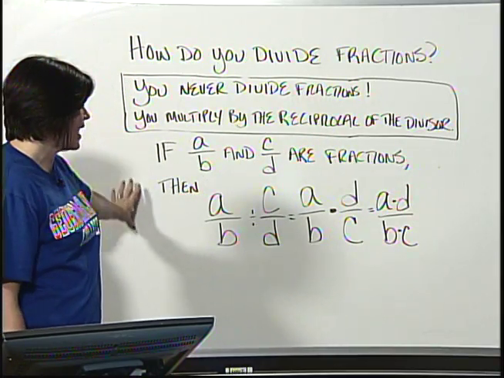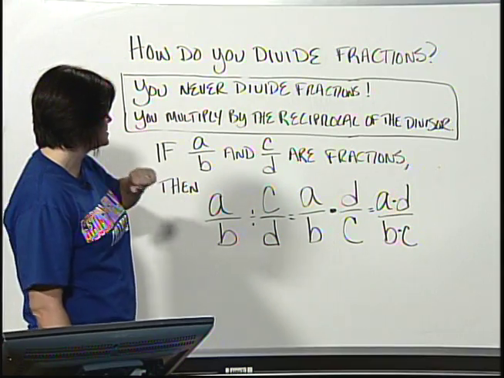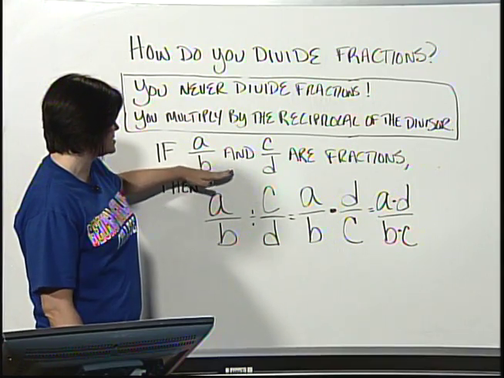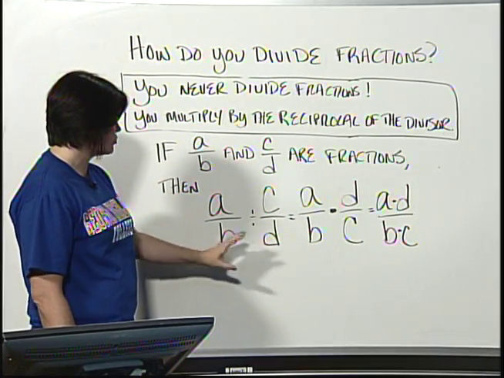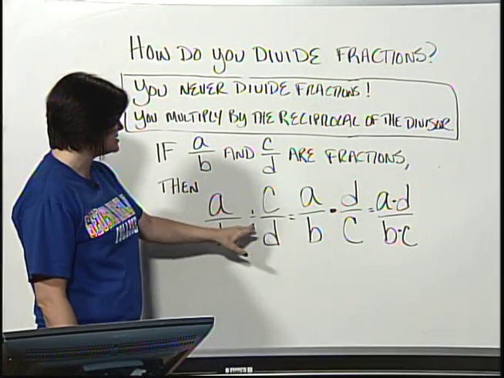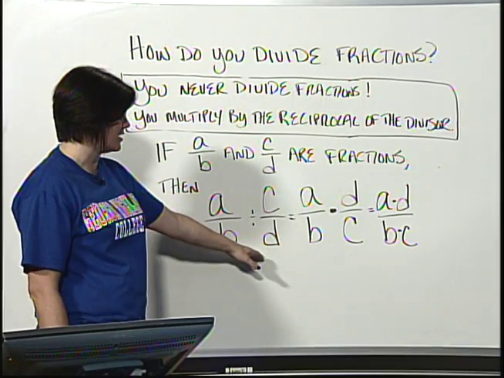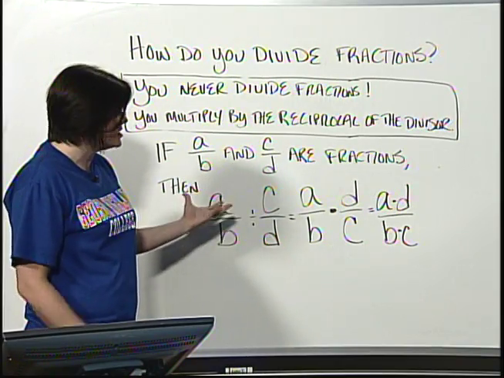So if we look at it in theoretical terms, if we have the fractions a over b and c over d, and we're given the situation a over b divided by c over d, we actually would not do that division.